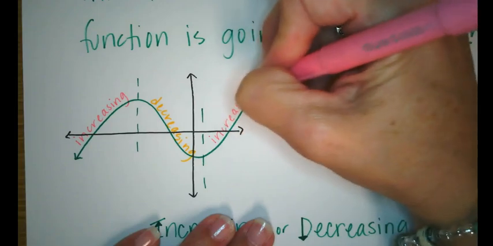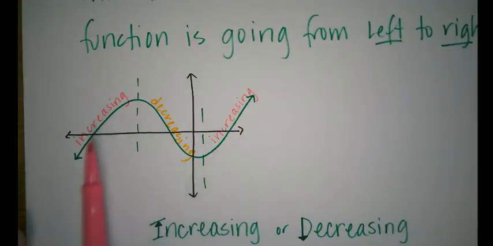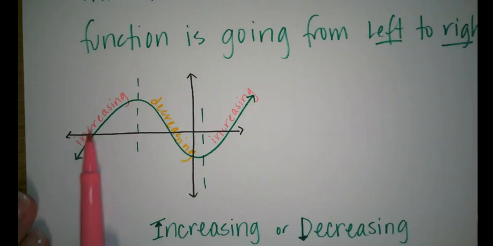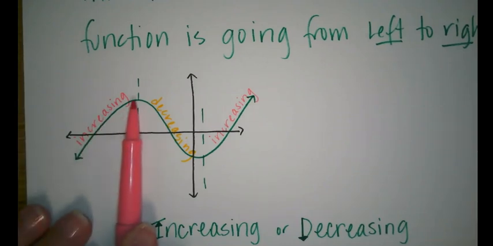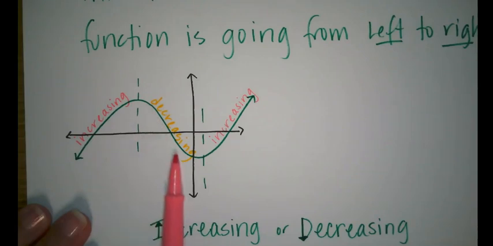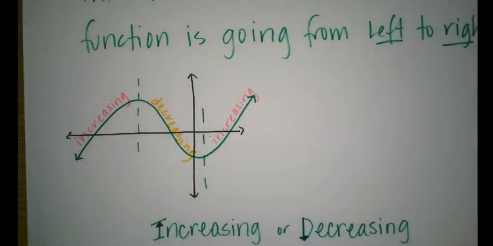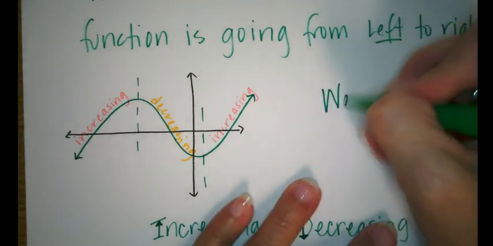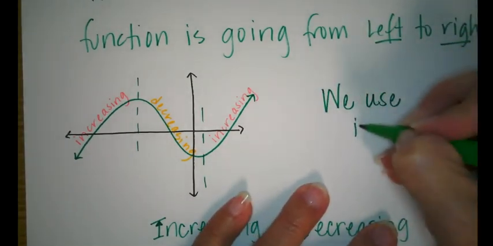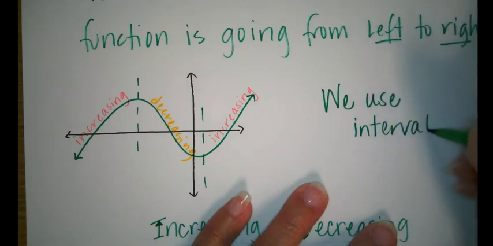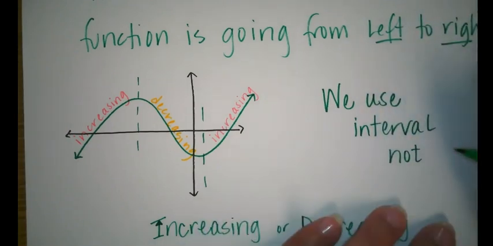And then for the rest of this function, we are increasing. So as we go from left to right, the function is increasing up until here, it's decreasing in this part, and then it's increasing again at the end. So from left to right, we are going to be naming in interval notation, which is the same thing that we used on domain and range.